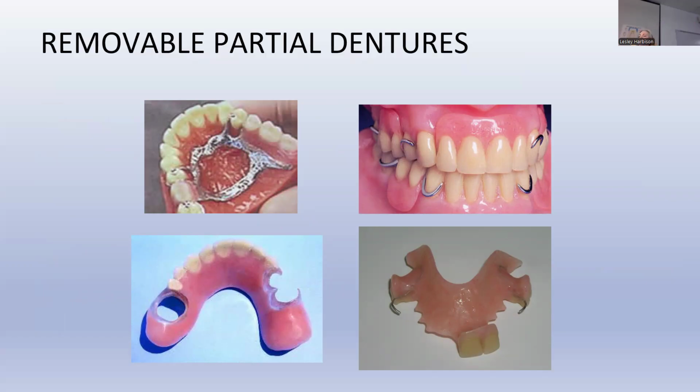So for removable, you guys hopefully have all seen a fair amount of different types of removable. You can have all acrylic or some kind of plastic. You can have a mixture of the acrylic and metal. There are just different styles. They can have all different teeth configurations.